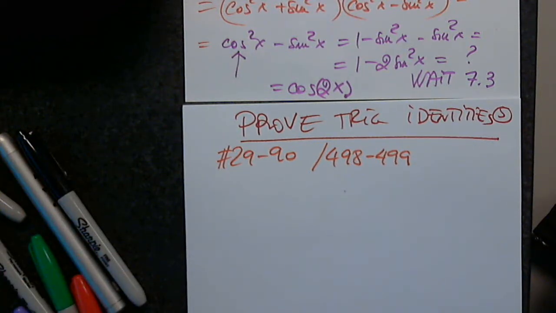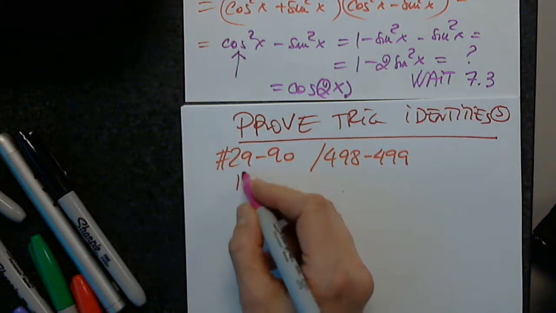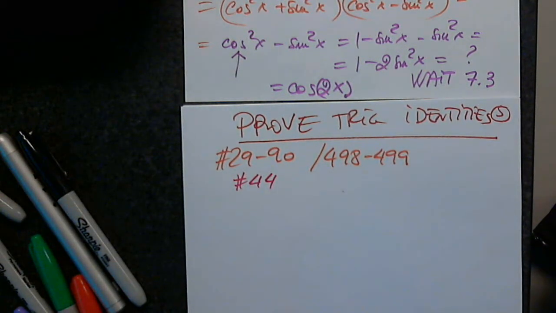Really? Never mind. Well, I'll pick. I said no way. You're going to do the 29. I'm going to do 44. And please choose wisely.